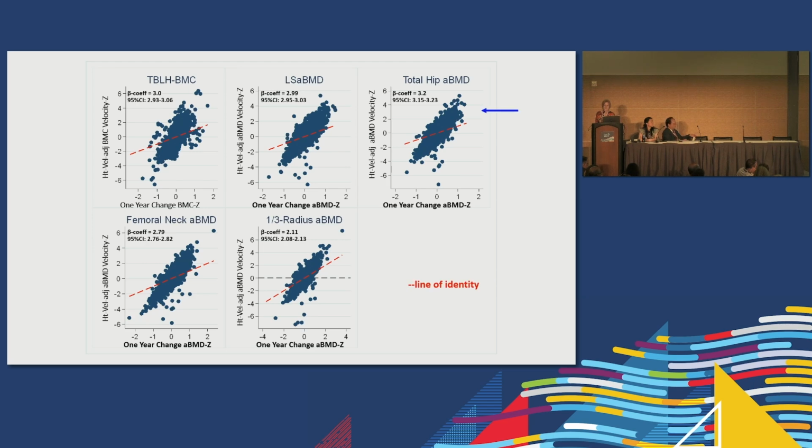And that's that line of identity there. And so in order to change a z-score by a whole standard deviation, you need to have pretty quick velocity. By the same token, if you're losing a whole standard deviation or so, you need to have really low velocity. We appreciate this in pediatrics as we see our kids growing. If they're changing a whole standard deviation score in a year, they really have stopped growing.